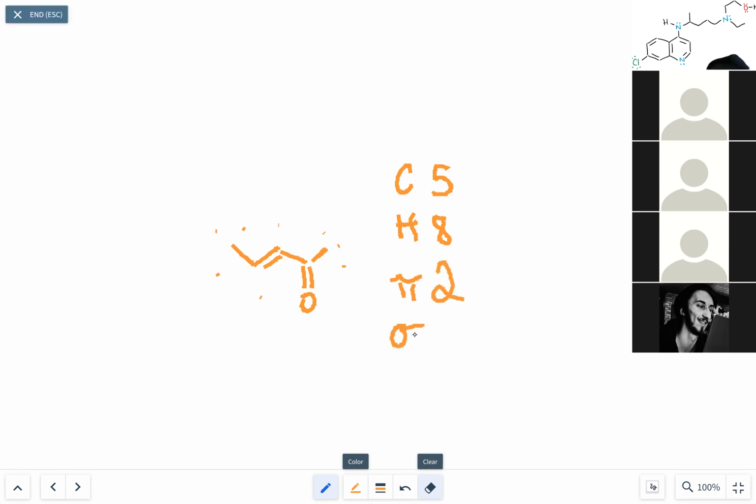Sigma. This is the one where there were issues with the sigma bond. I think it's because we haven't drawn all of the hydrogen atoms on this, right? So you would have 1 sigma bond for a hydrogen here, 2, 3, 4, 5, 6, 7, 8, 9, 10, 11, 12, 13.